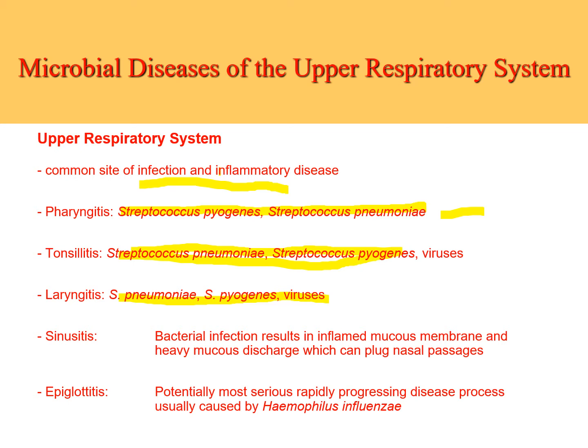You get inflamed membrane and heavy mucus discharge that sometimes can completely plug the nasal passageways. Epiglottitis is inflammation of the epiglottis. It is potentially quite serious and a rapidly progressing disease, and usually caused by Haemophilus influenzae.